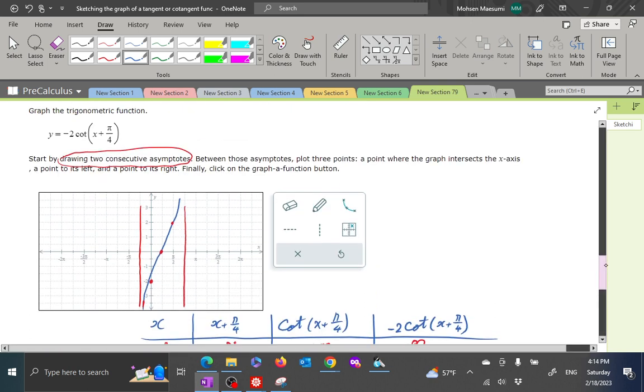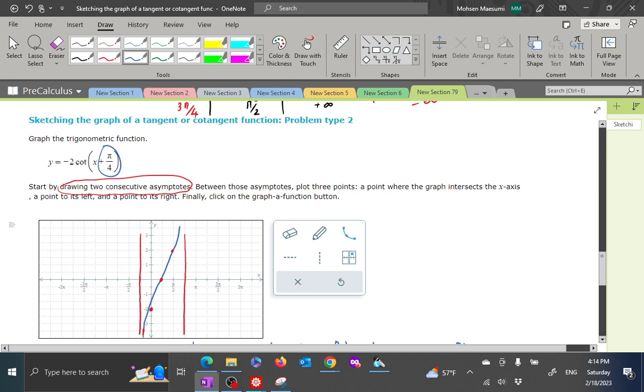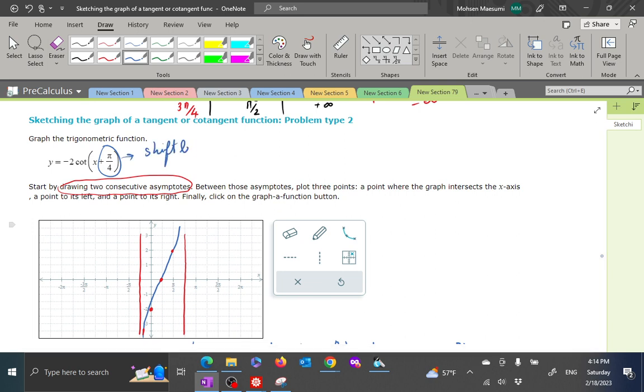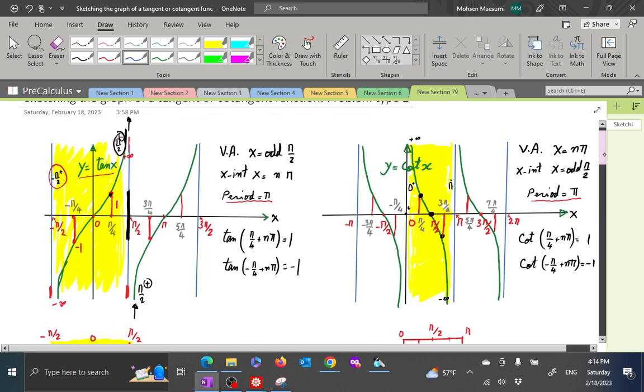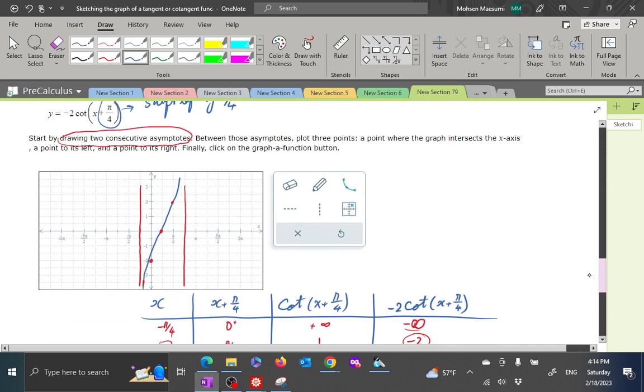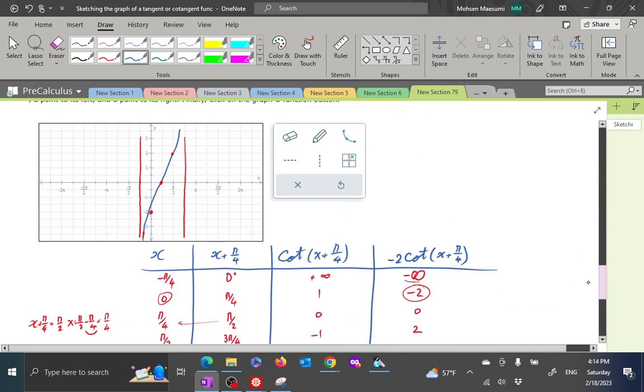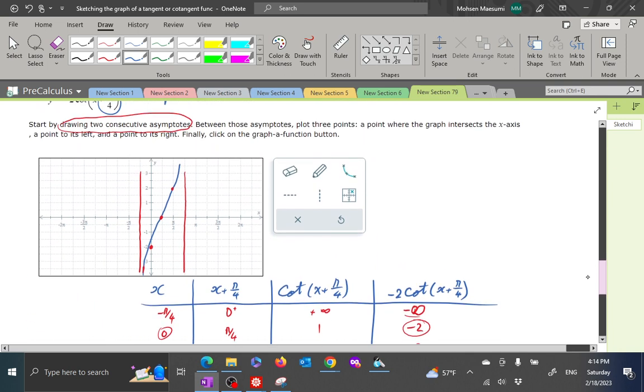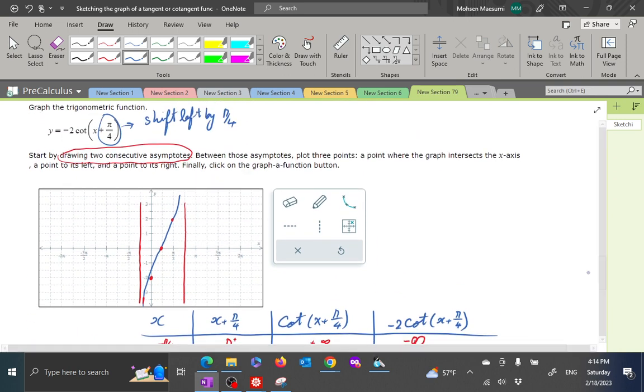Verbally, to describe this thing, you say what? Plus pi over 4 means shift left by pi over 4. Take this picture, shift it to the left by pi over 4.